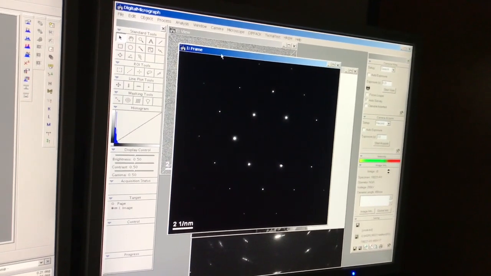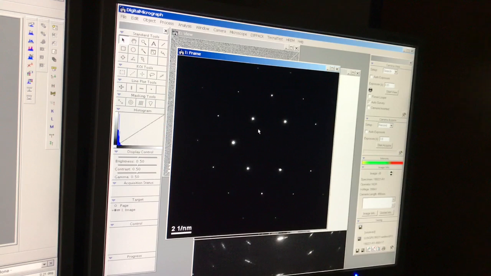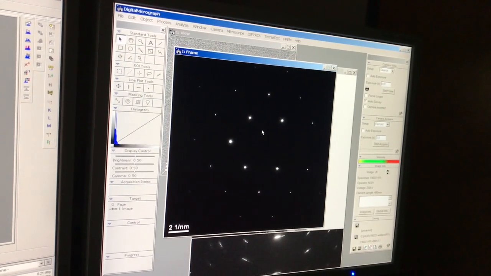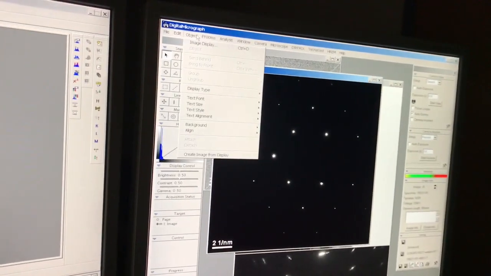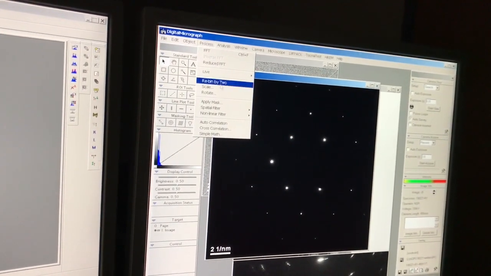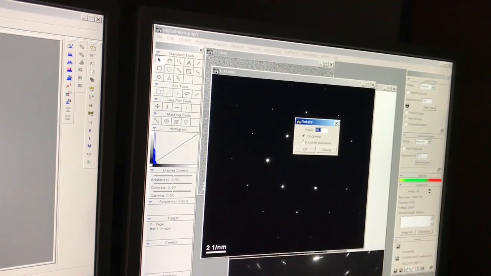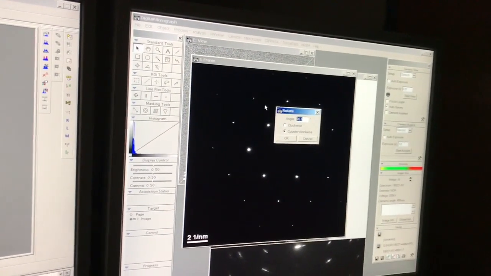But if I take this image, or I should say this is the diffraction pattern, if I rotate this, so if I come to, let's see, where is it? Process rotate, and I go counterclockwise, that's important.